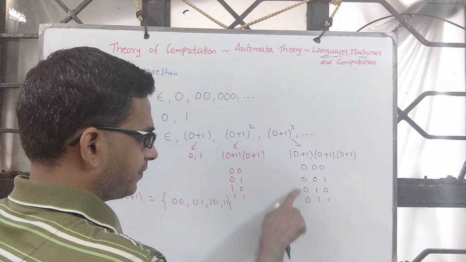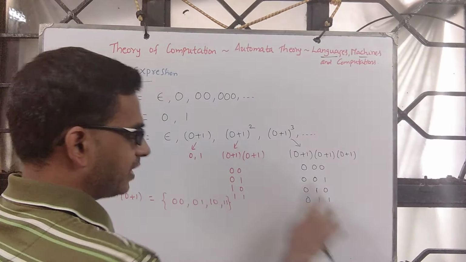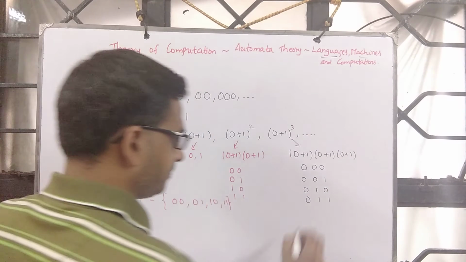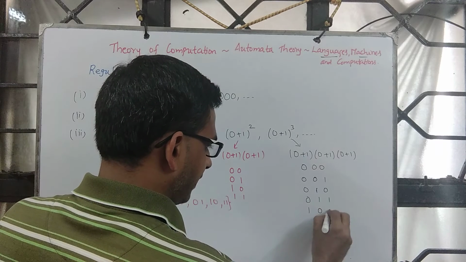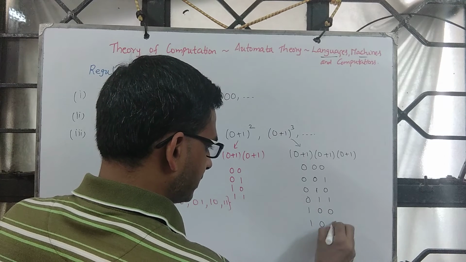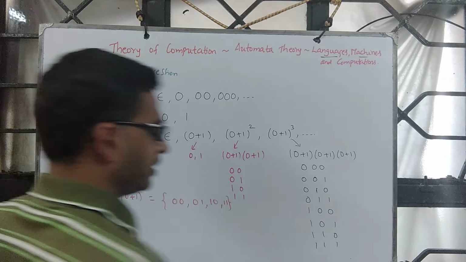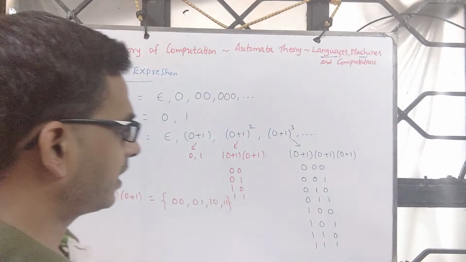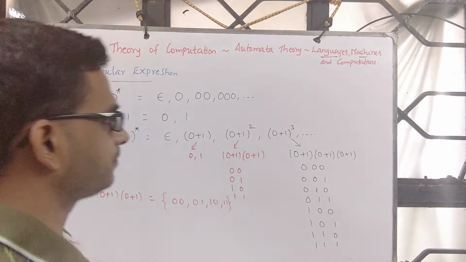Fixing 0 from the first (0+1), from the other two one can get 4 possible strings. Or from the first one, let us take 1, and again we get 4 possible strings from the other 2 copies. That shows that we generate all possible strings of length 3.